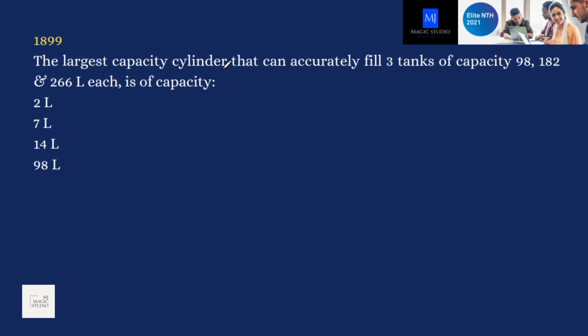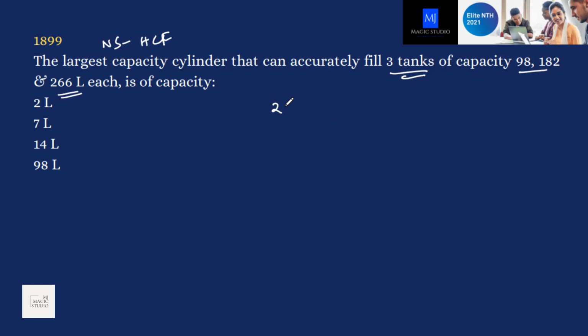The largest capacity cylinder that can accurately fill 3 tanks of capacity 98, 182 and 266 liters each is of what capacity? Again, a question from number system, a simple HCF is what we are looking for, isn't it?